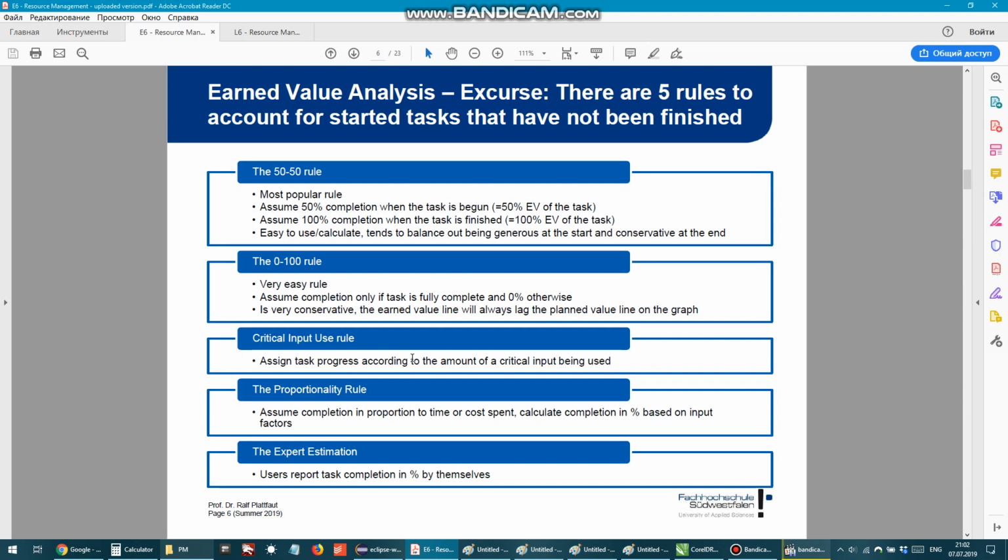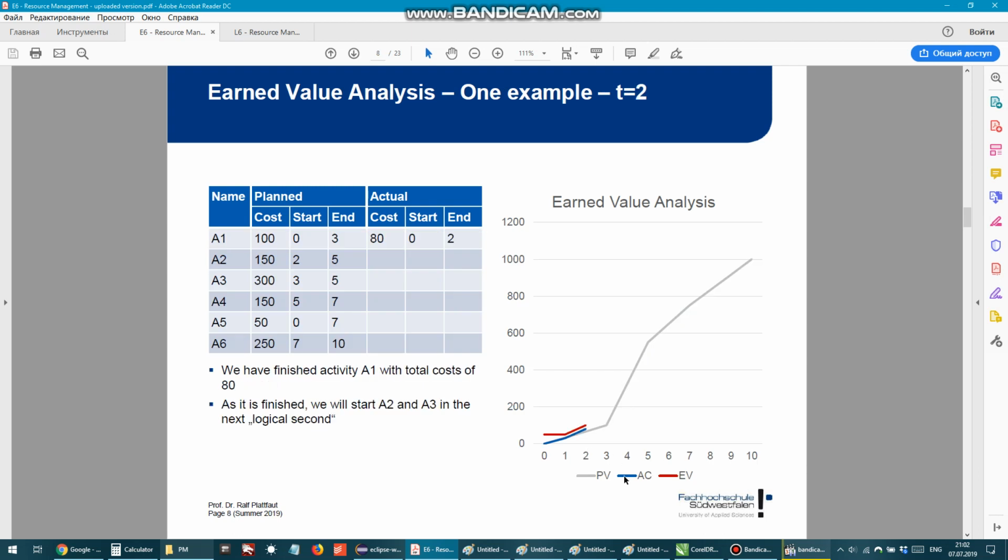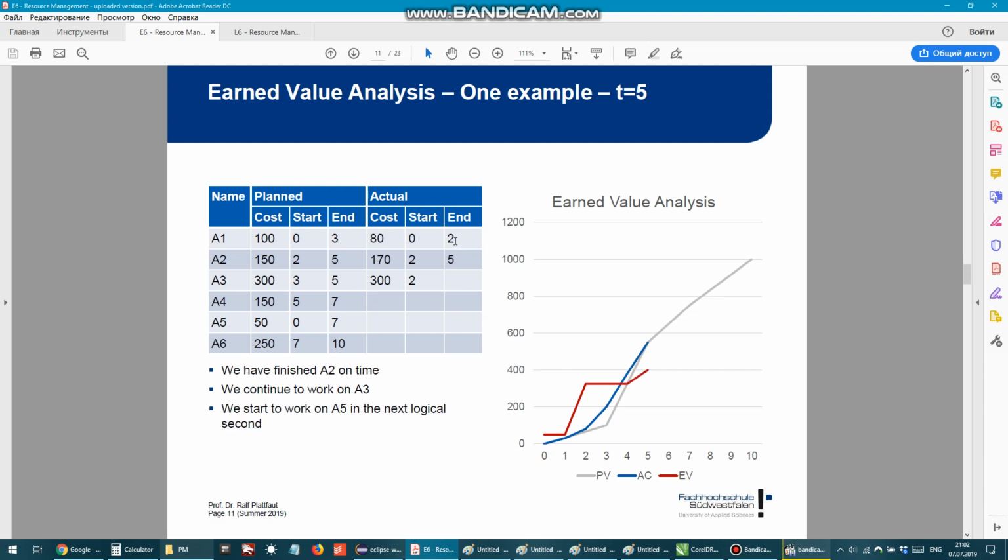Now coming back to actual costs, it is also very simple. You just look at the end values here, the end column, and you look at the cost column. For a given T, of course, this will change, right? For example, for the A3 task we have 300 here, but then the next day it increases to 350.